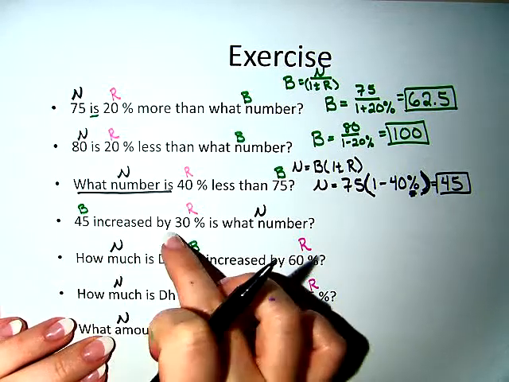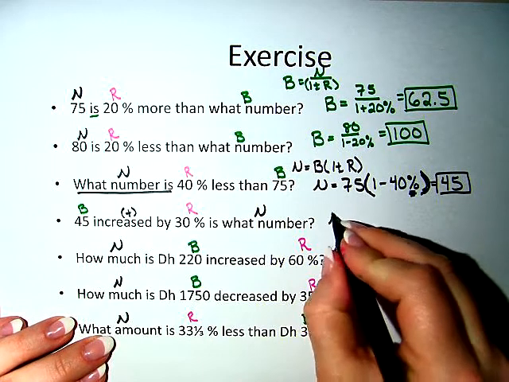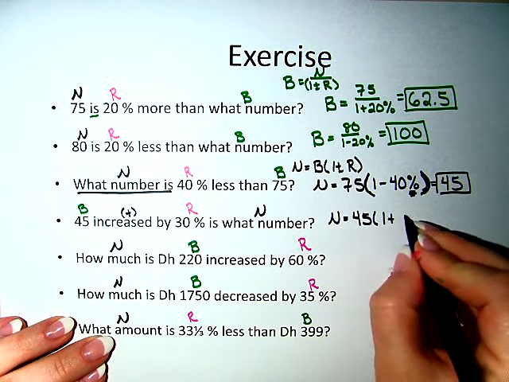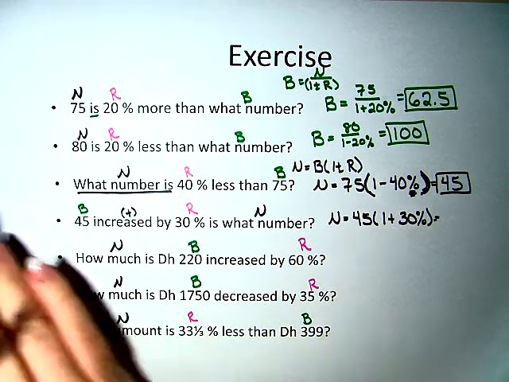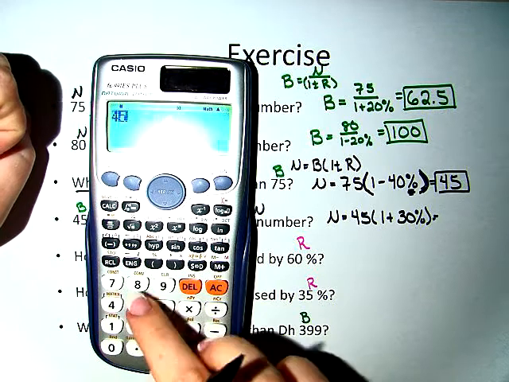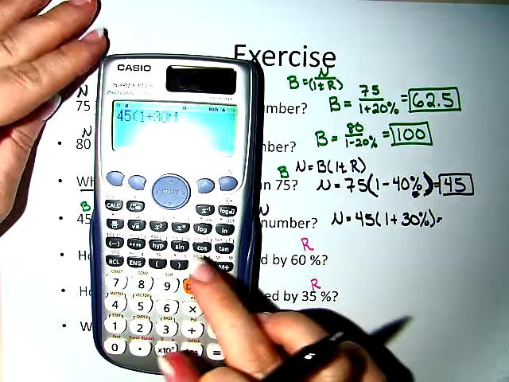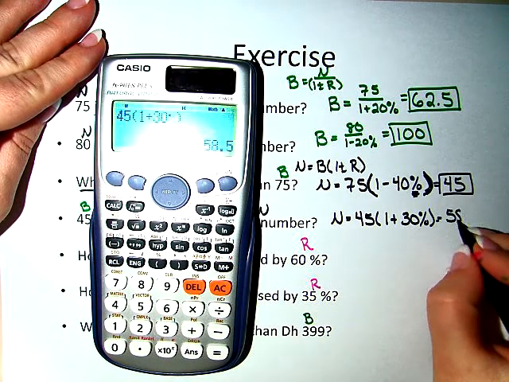45 increased by 30%, so increased by is our plus. So the new number, 45, increased by 30%. Okay. 45, open your parentheses, 1 plus 30% is 58.5.